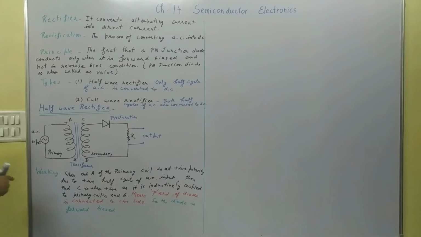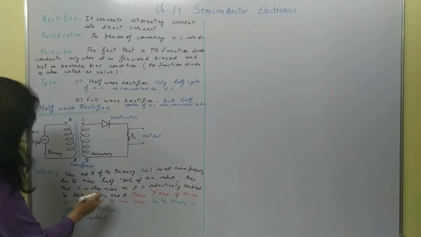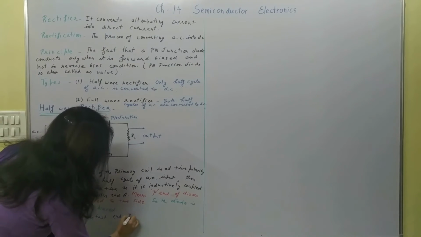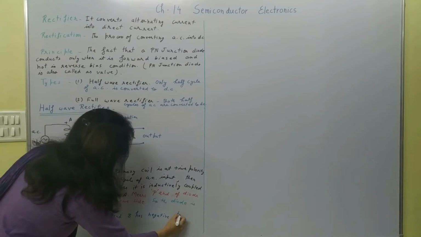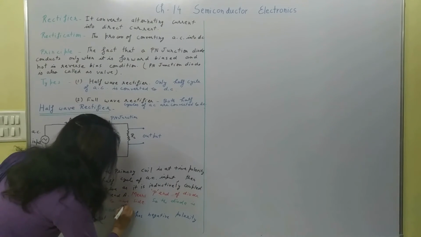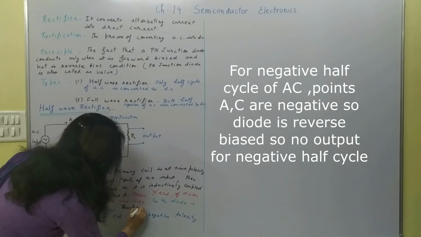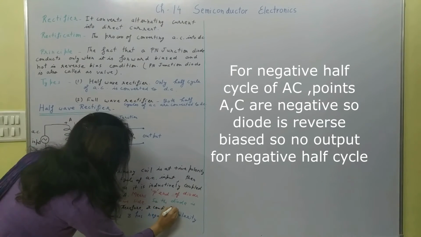At this instant, B and D are having negative polarity. So the diode is forward biased, therefore it conducts. So this is the working.